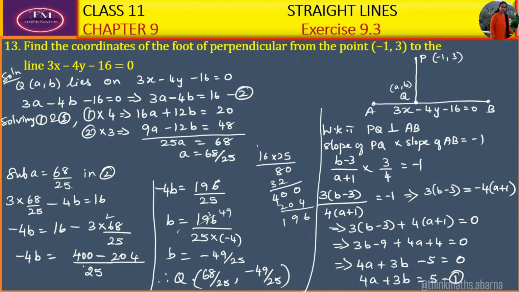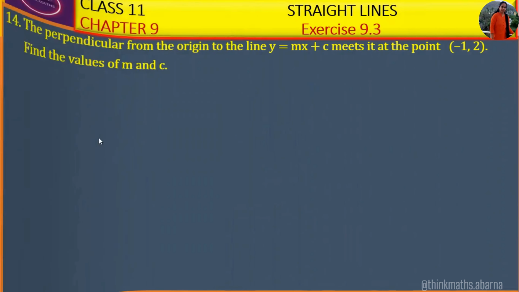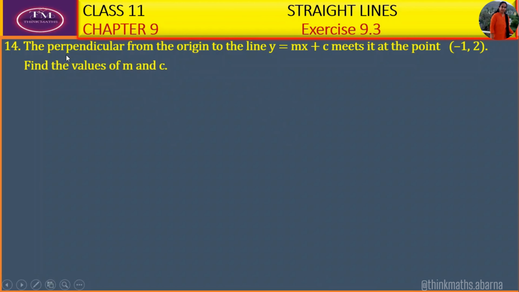Clear? Do you understand? So shall we move on to the next, the 14th one? The perpendicular from the origin to the line y is equal to mx plus c meets at minus 1 comma 2. Find the value of m and c. Okay, so what is given?